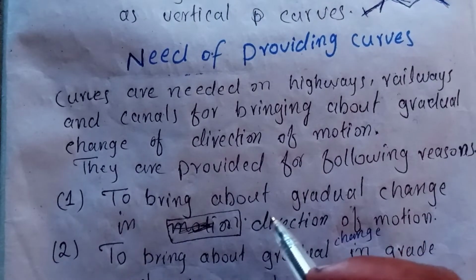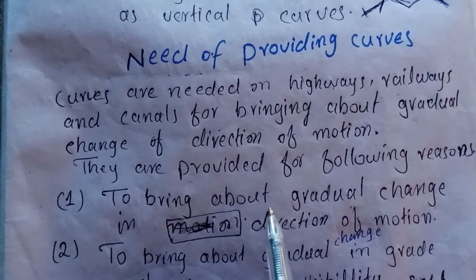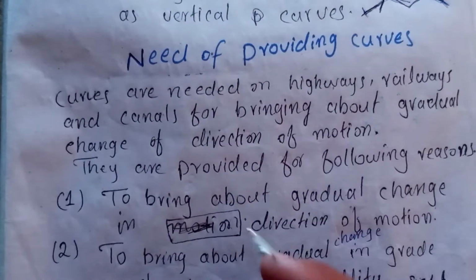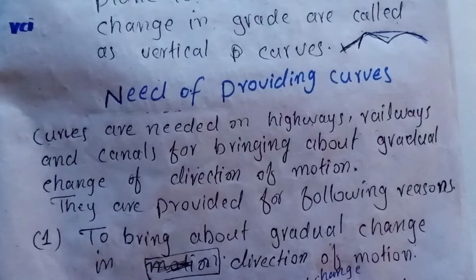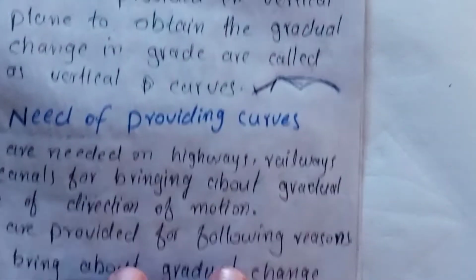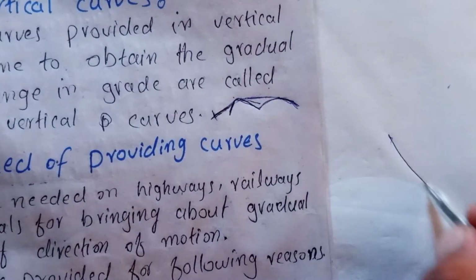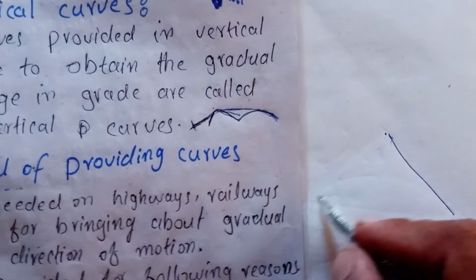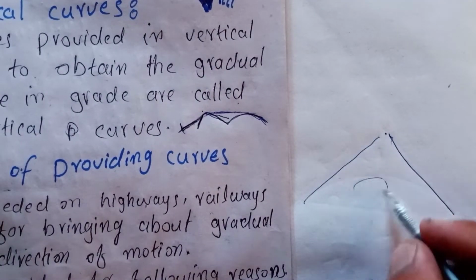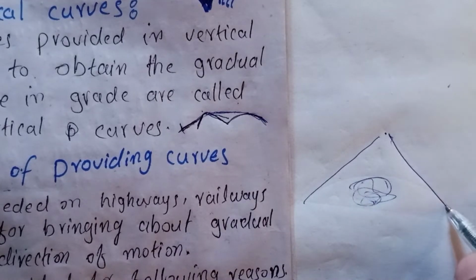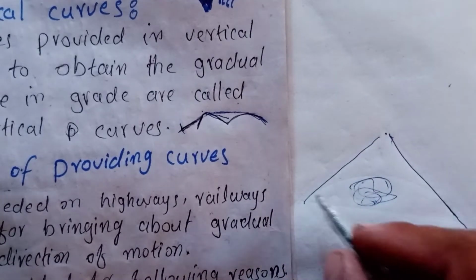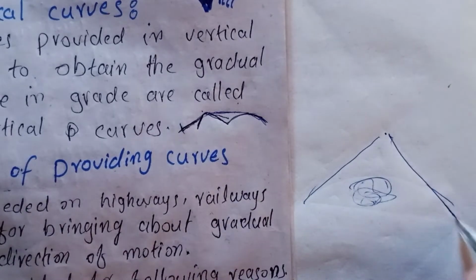The first point is this: we provide a curve to get a gradual change of direction of motion. You can also say that suppose these are two lines, and there are some hazards or obstacles, but the vehicle is going from this point to this one along a straight line, and it has to change direction like this.